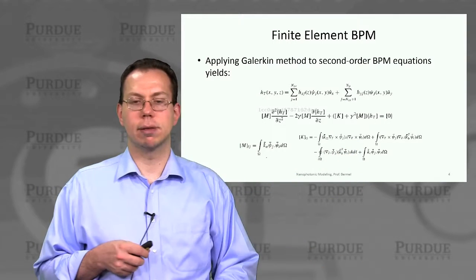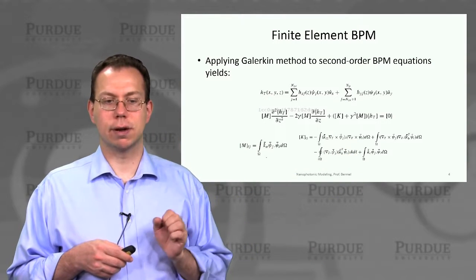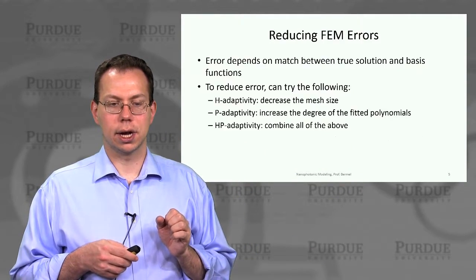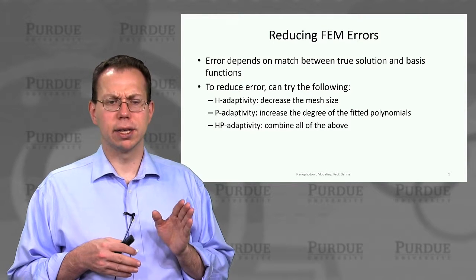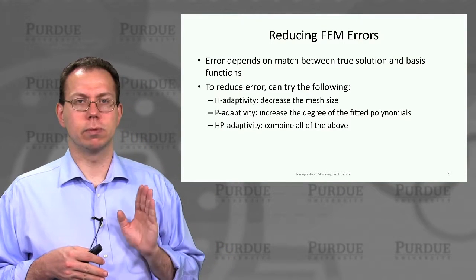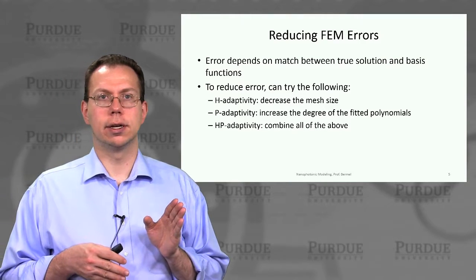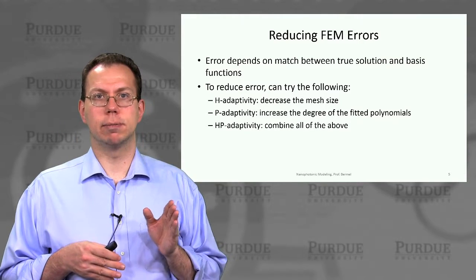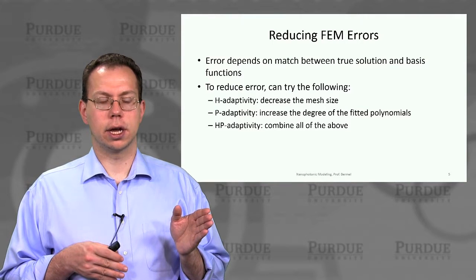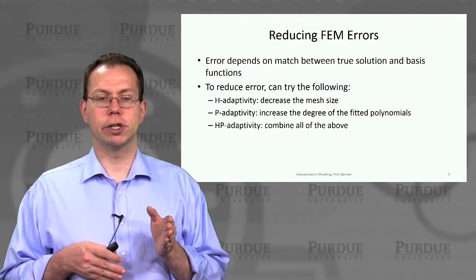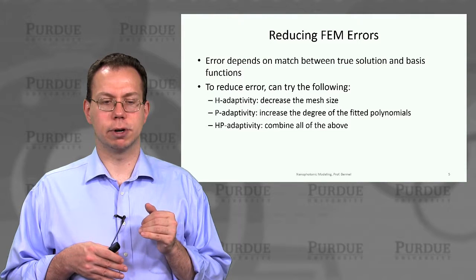The mathematics is a bit complex, but you don't have to memorize the details. The basic point is that we have a fairly reasonable method at this point to calculate the finite element beam propagation method. And we're probably most concerned about how accurate this approach is.